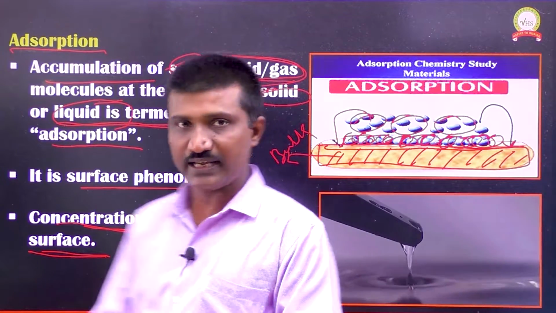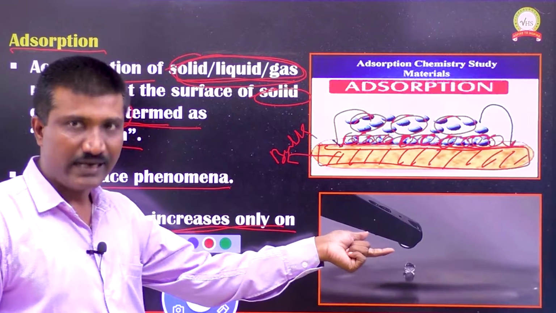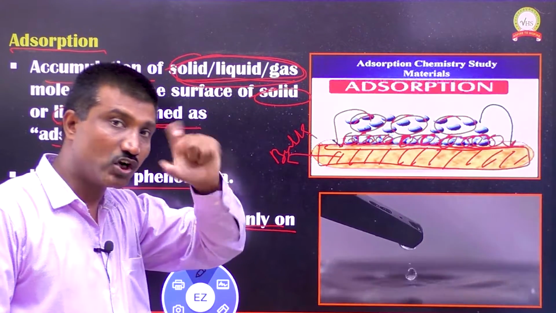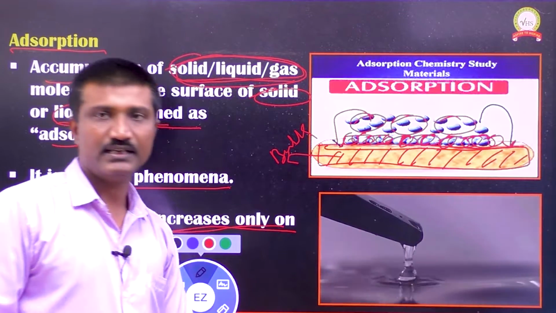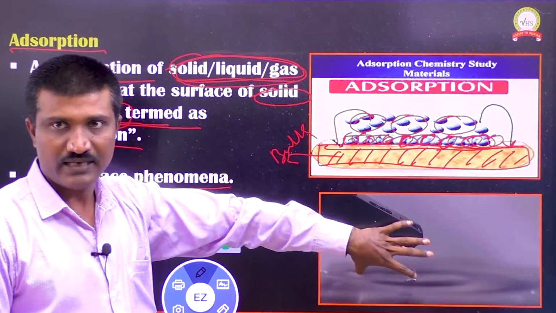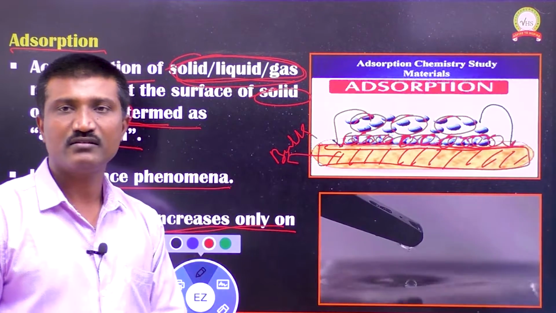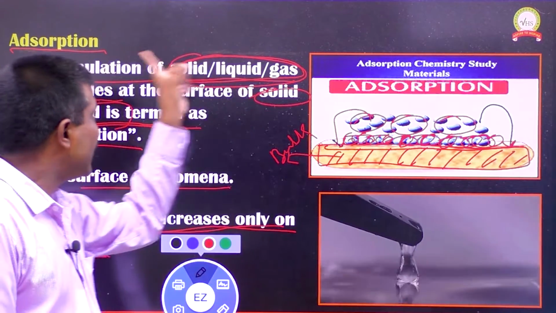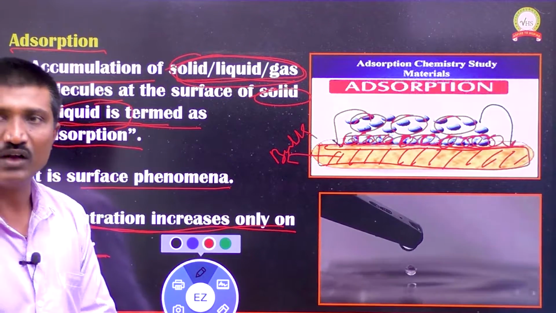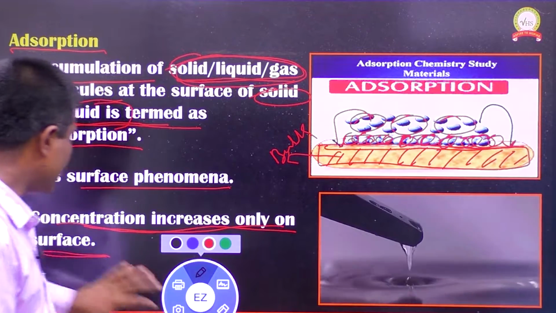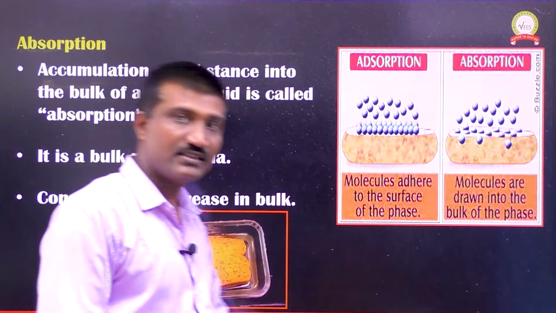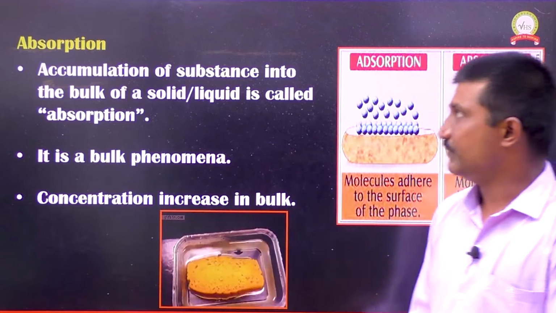If you take any plastic pipe, dip it in water and take it back, then water droplets will stick on the surface of that plastic pipe, right? That process is also an example of a surface phenomenon, or adsorption. So adsorption is a surface phenomenon only. Clear?